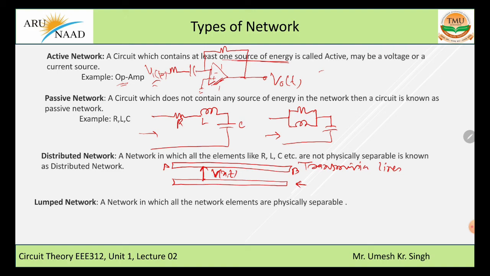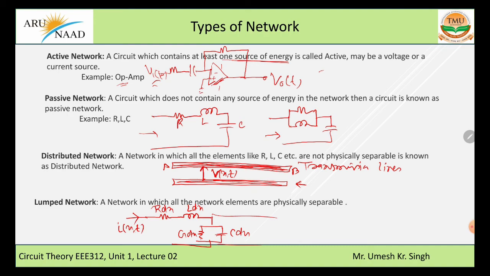So what we do while solving this type of network: in this case the resistance is distributed in the whole wire, but while solving the equation, we convert this resistance or inductance into R dx, L dx in this manner. We can combine these in small groups, G dx, C dx, and if we consider the current at this point to be I, which is a function of distance and time.